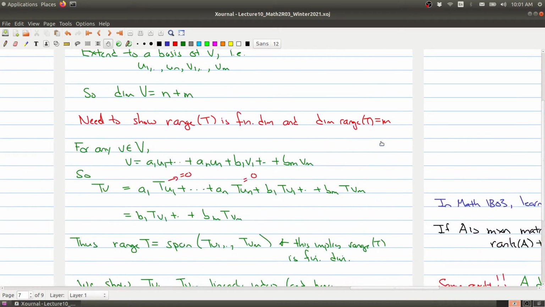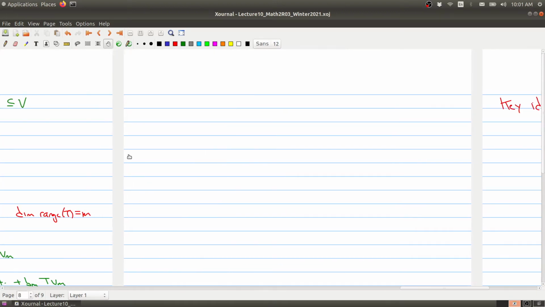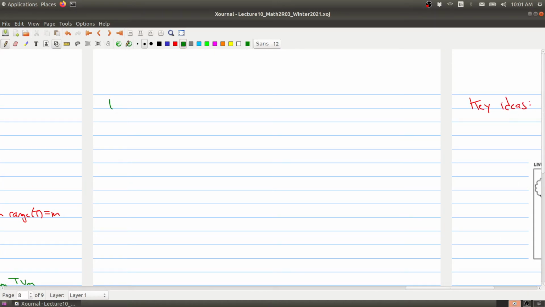So let me do that. Hence c1v1 up to cmvm is equal to d1u1 up to dnun for some di.